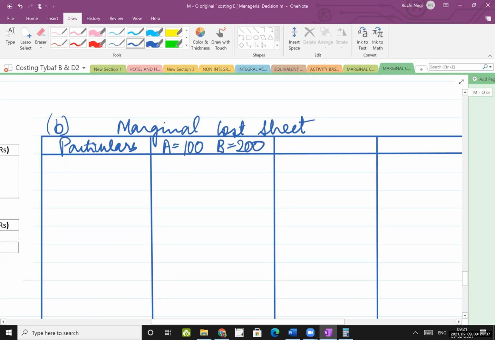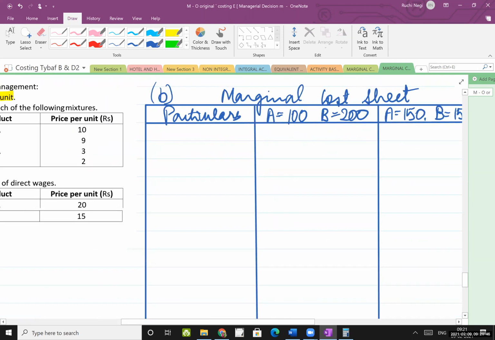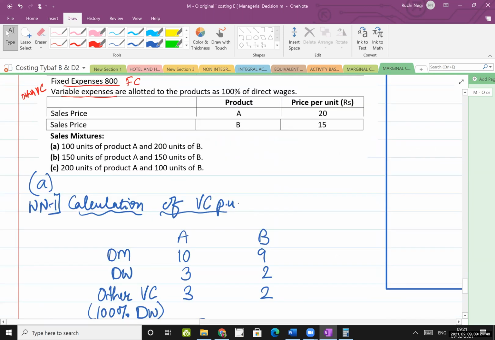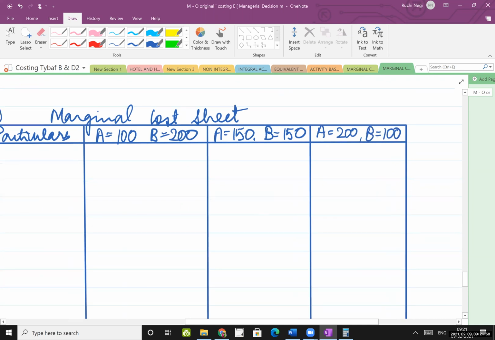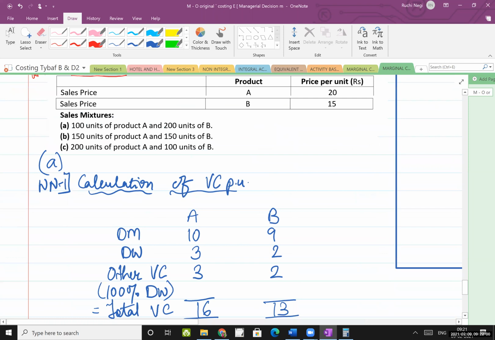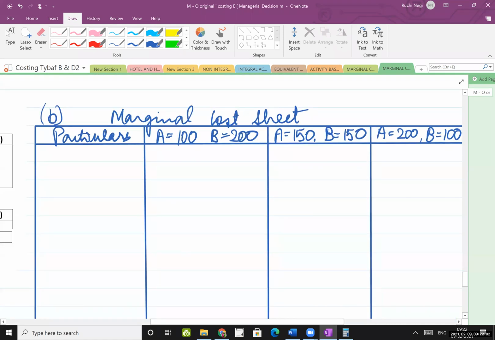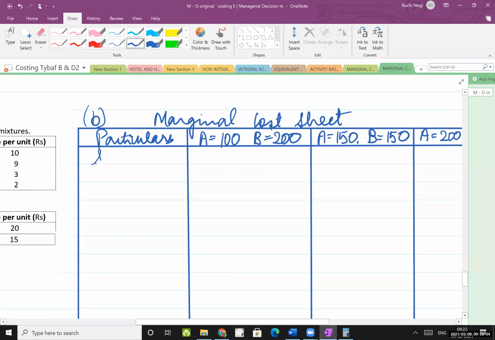Talking of production, A is 150 and B is also 150. And third option में ulta of the first option. A is 200 and B is 100. Yeah. Okay. So let us start first with sales.